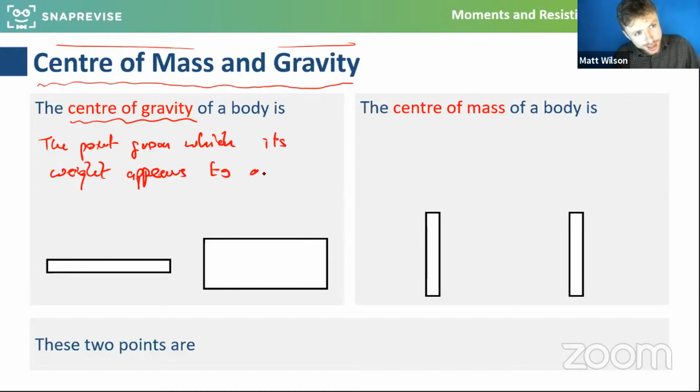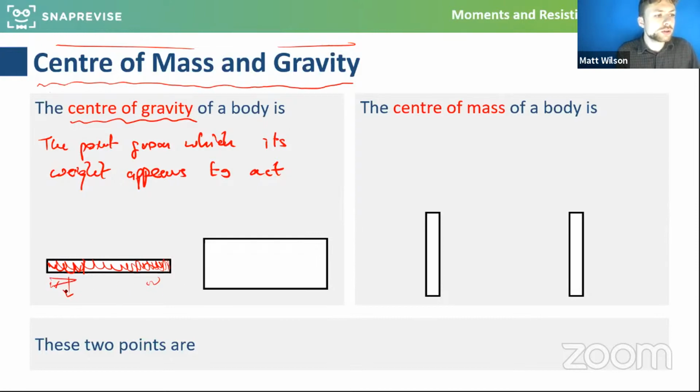Okay, so for example, let's imagine we have some kind of uniform body, constant density everywhere across this rod. Then there's some mass over here, and this bit's being pulled down by a weight here. There's some mass over here, and this bit's being pulled down by some other weight here, and so on.